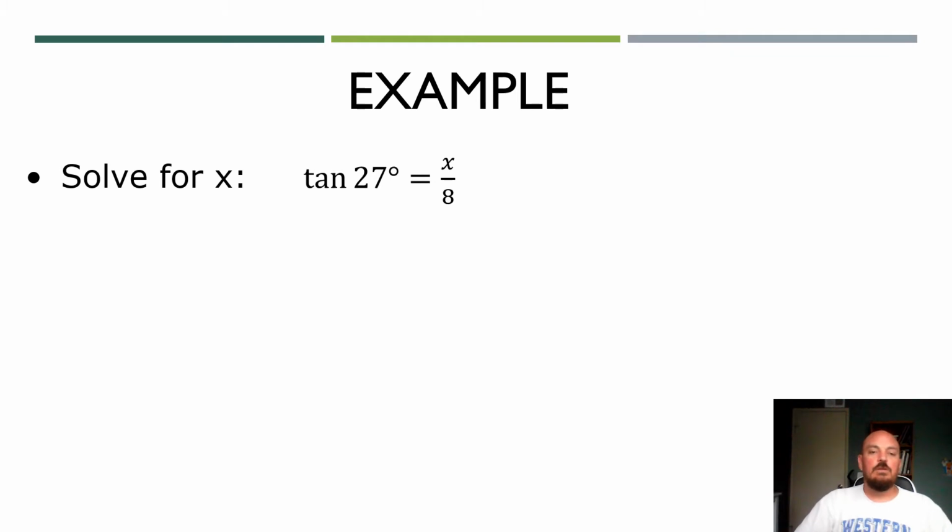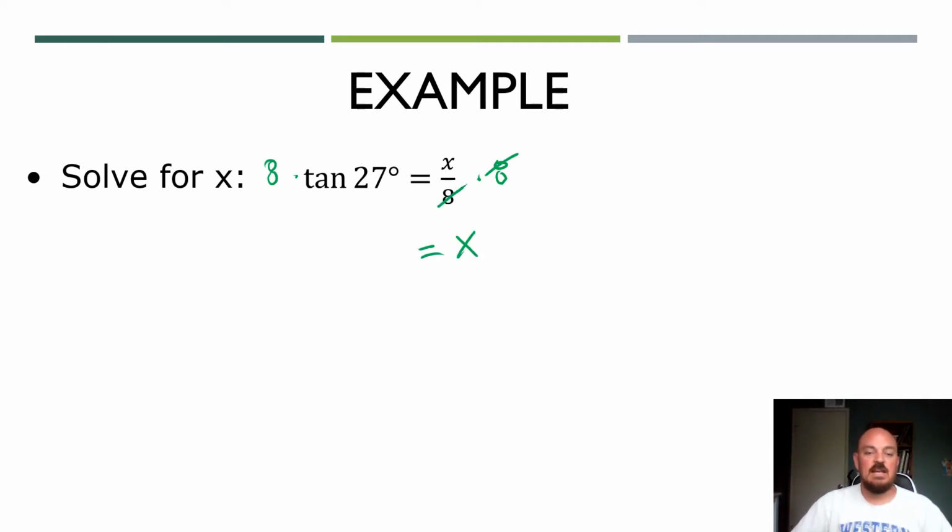All right, so let's do this. First of all, to highlight what we're doing here, this is not inverse trig. This is what you did yesterday. If I told you to solve this equation for x, tangent of 27 equals x over 8, I would just solve this by multiplying both sides by 8, like we did yesterday. I'm looking at the x, I see it's divided by 8. I'm going to use a times 8 to cancel that 8 right there.